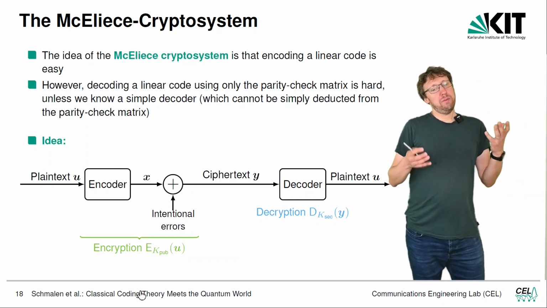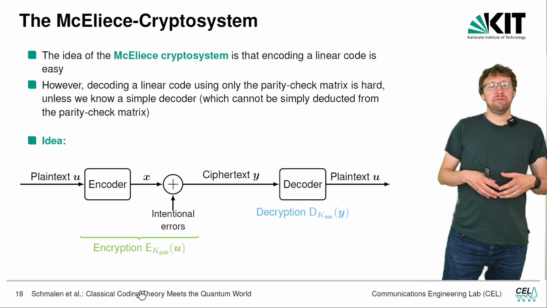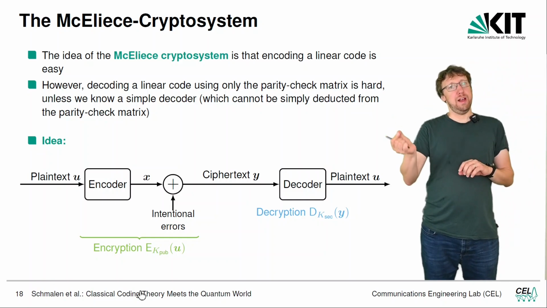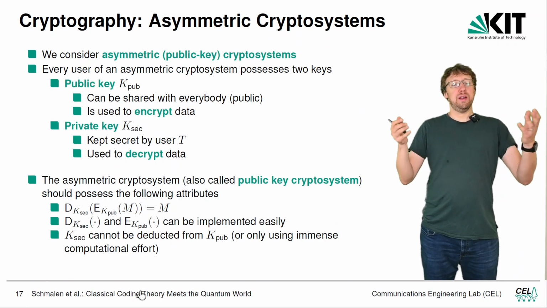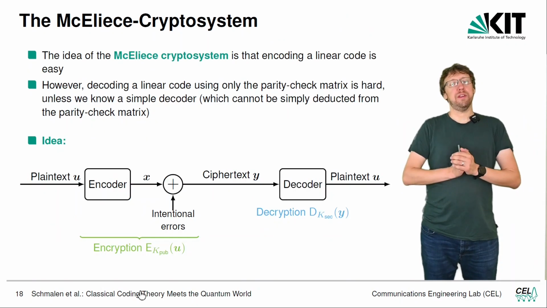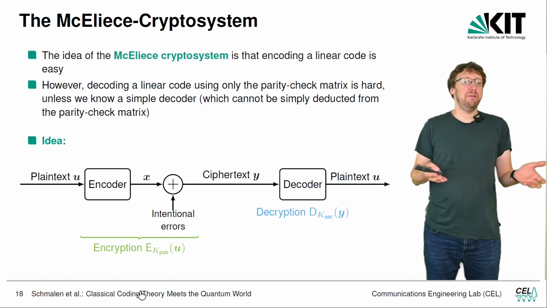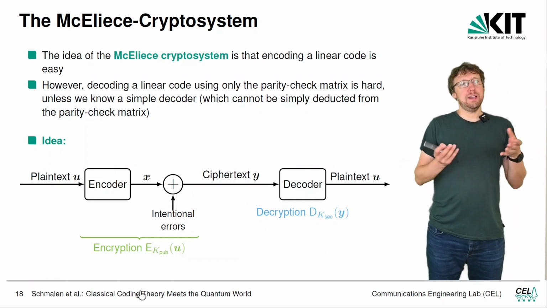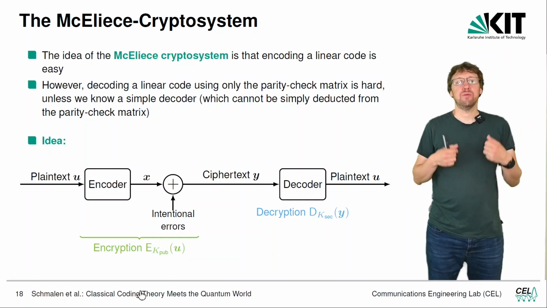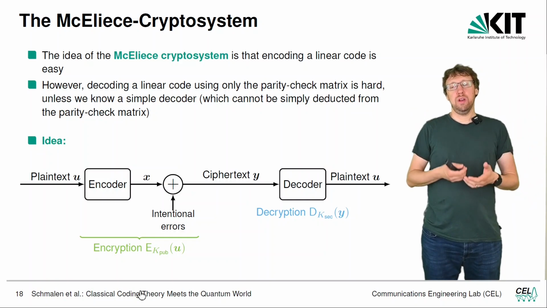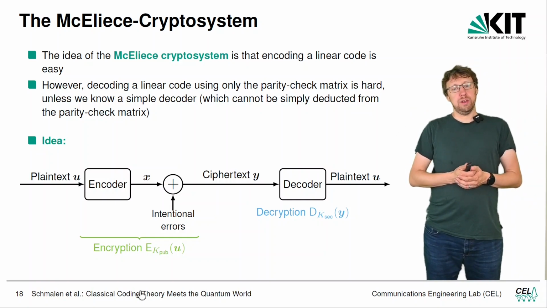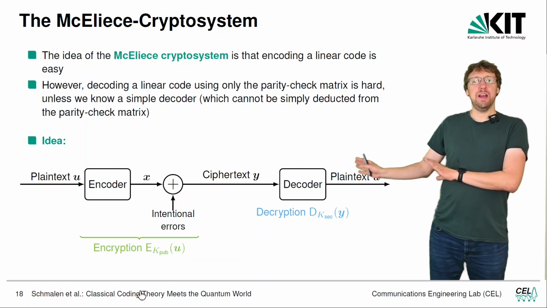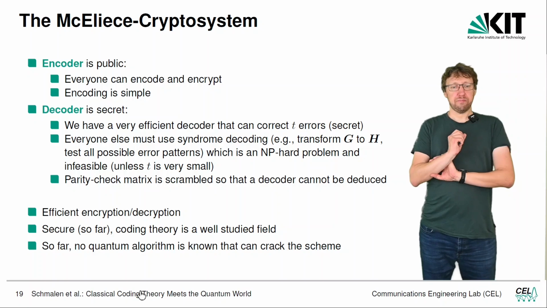Now you may argue that if we add errors, this will not help because we can only correct a fraction of errors, so most of the data will still be valid or uncorrected. So we also need some helper functions to disguise or obfuscate the code word, and this is what the McEliece crypto system does. This is the general idea, and let's go to the details now.